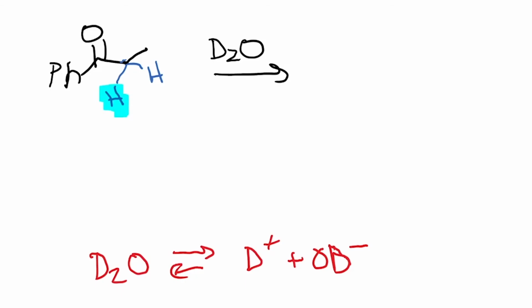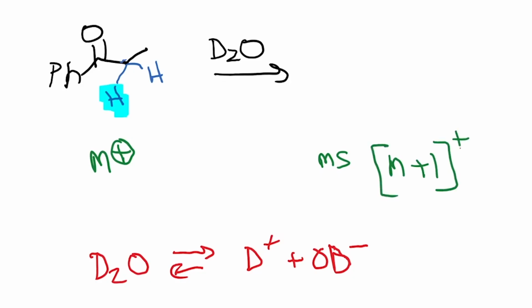Then after you do the experiment, you take the molecule and measure the mass spec. The mass spec shows that the peak which is M plus becomes M plus 1 plus. This means that the compound has picked up an additional mass unit.